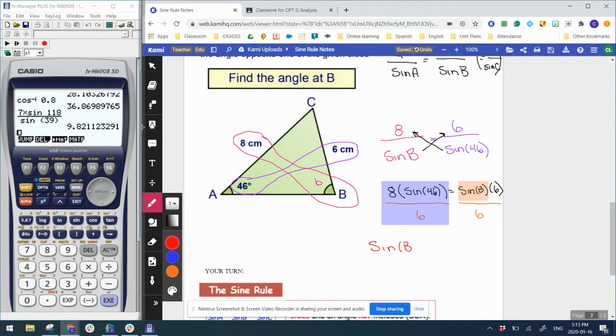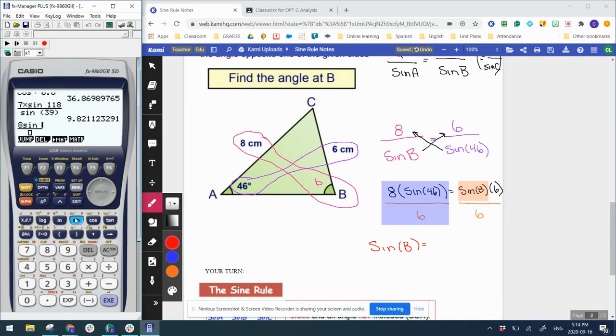So sine B equals, we're going to go over to our calculator. Again, I like putting in the fraction. We're going to go 8 times sine 46 over 6. Enter.